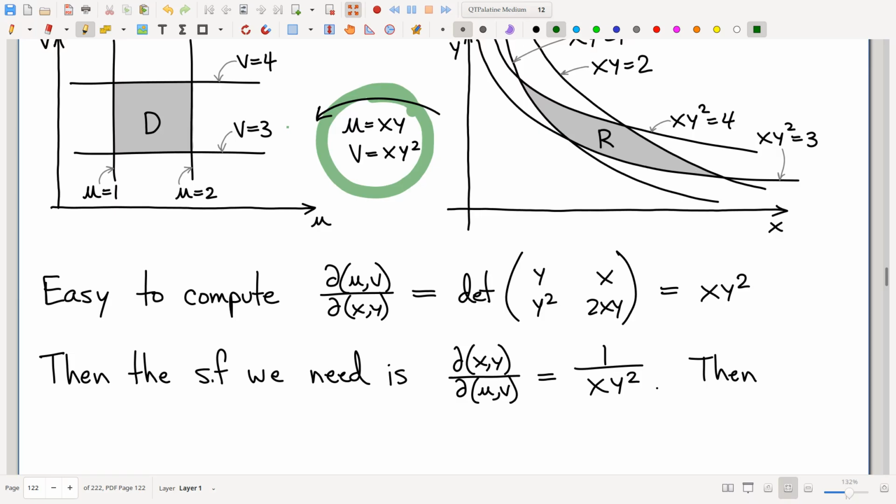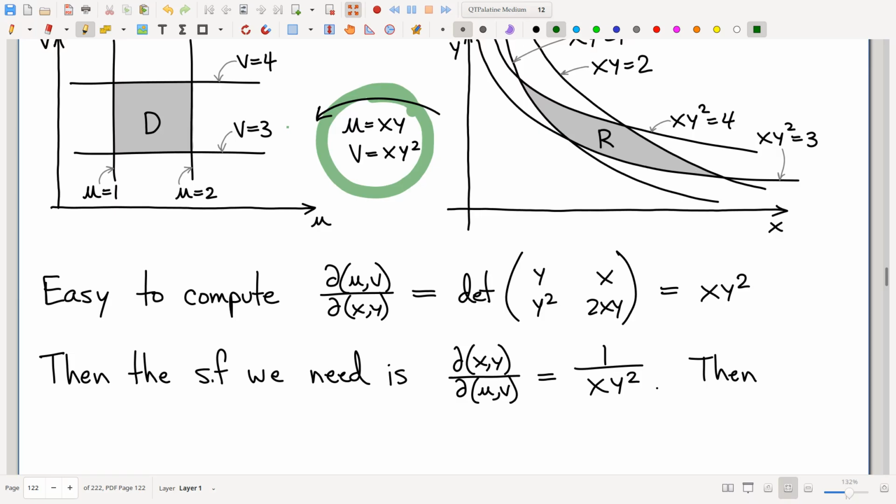I promise there are plenty of other cases where there is no such workaround, where you cannot solve for x and y. The problem with those examples is they're more technical and ugly, and they don't serve as well as first examples. So anyway, here we go.